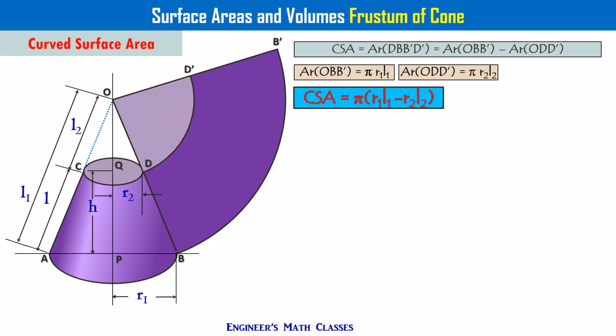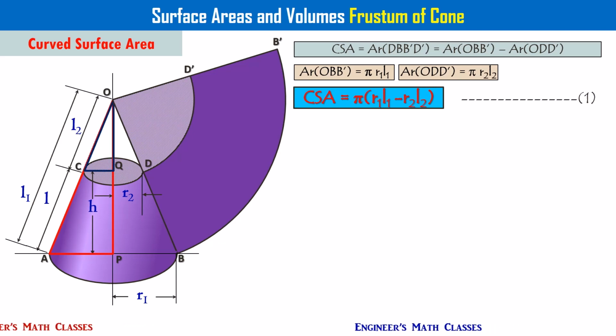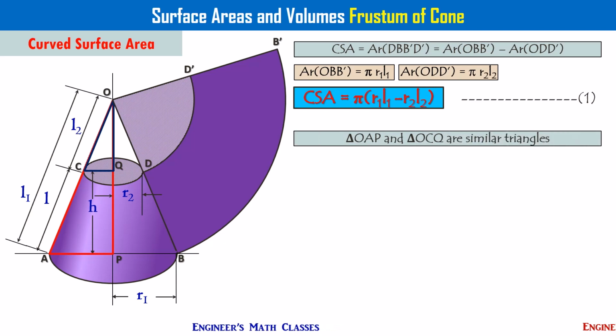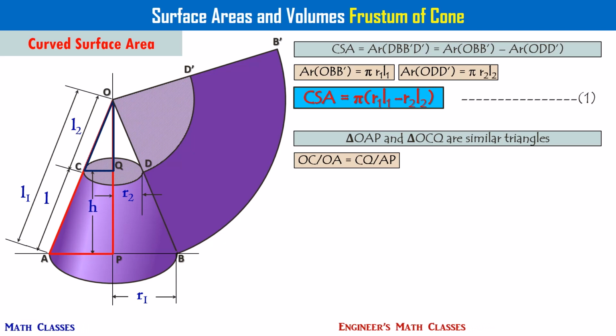So we need to convert this L1 and L2 to the known dimensions like L, H, R1 and R2. These are what we know. So let's call this as equation 1. Now let's see that OAP and OCQ, these two are right angle triangles which are also similar. So then the ratio of OC to OA is equal to CQ to AP.